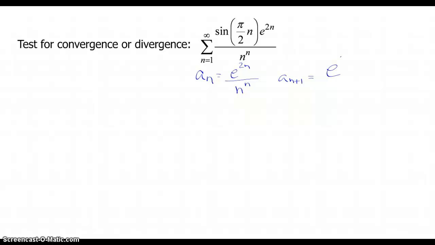This is the first time where I truly have an example where you can see how important it is that you put parentheses around where n used to be. Because e to the 2n plus 1 does not equal e to the 2 times the quantity n plus 1. That 2 distributes.